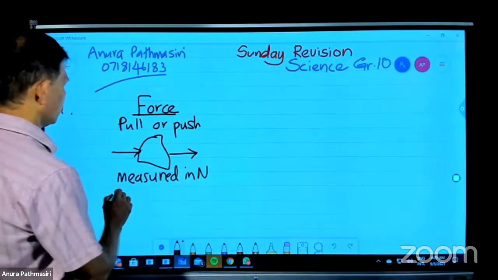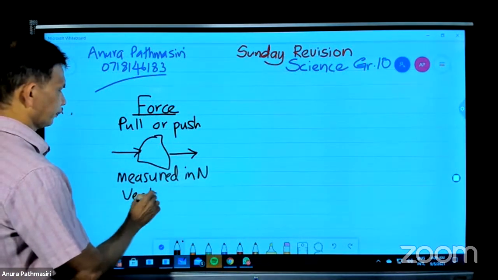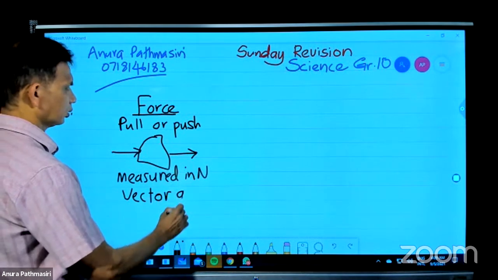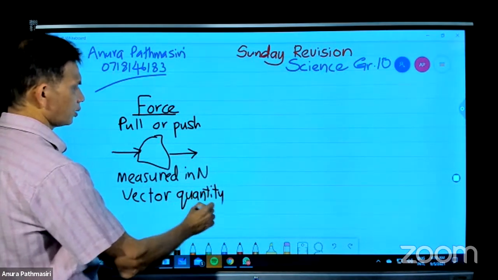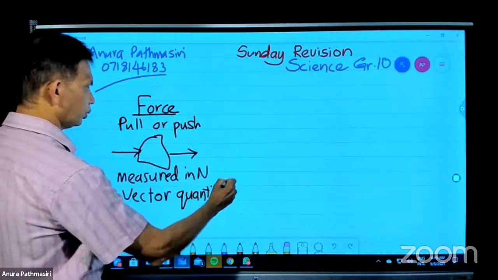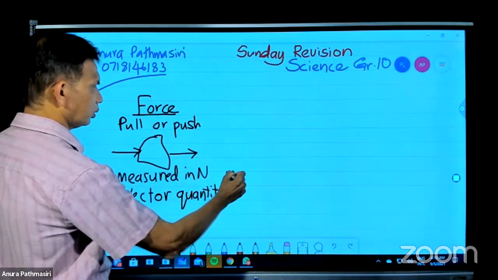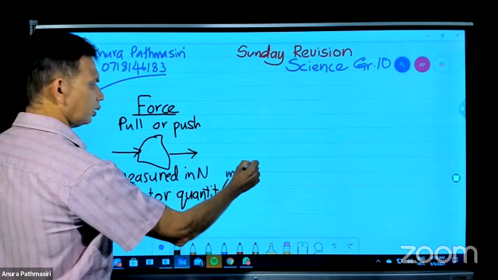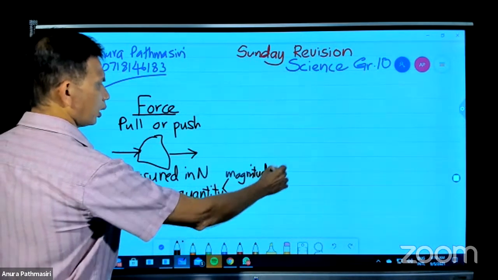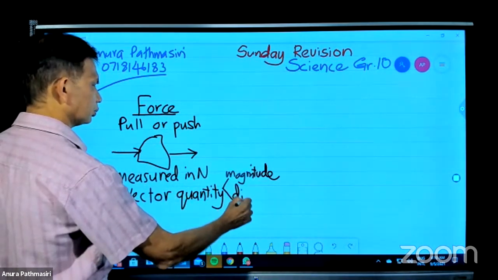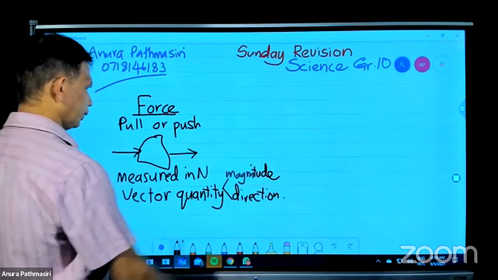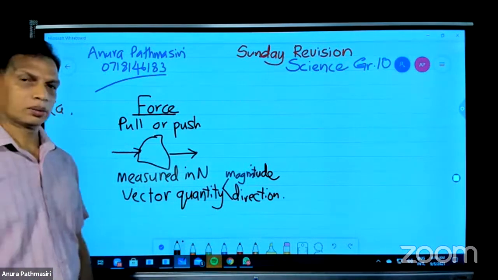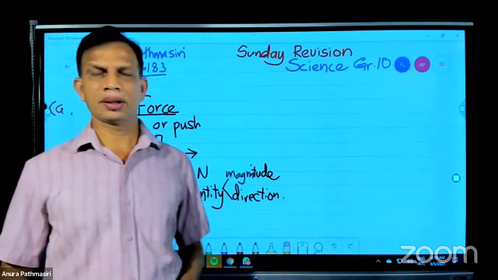Therefore, it is a vector quantity, as it has both magnitude and direction. What are the things that a force can do?